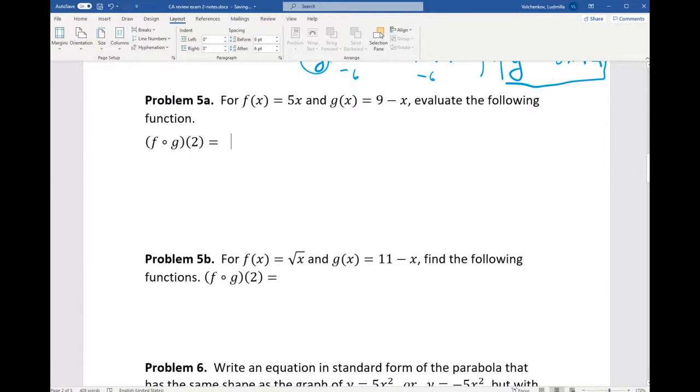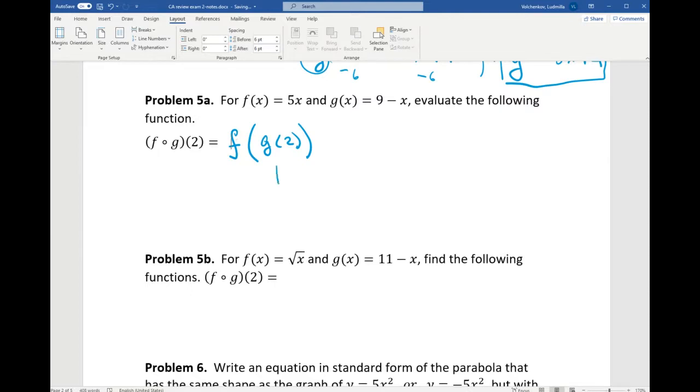The notation f circle g means the composite function, with the external function f taken at the point g of x. So for x we have 2: f of g of 2.